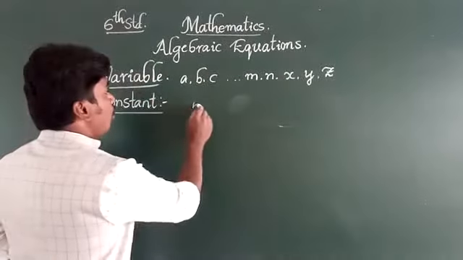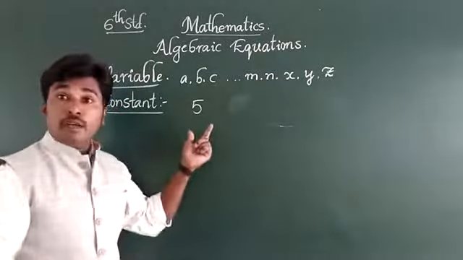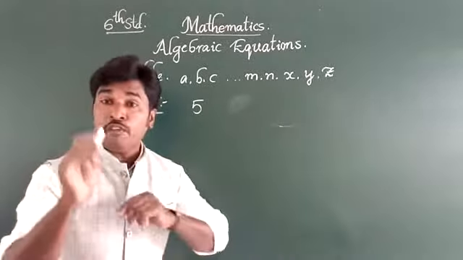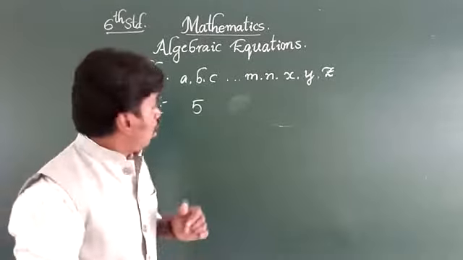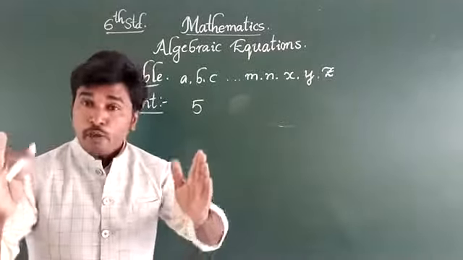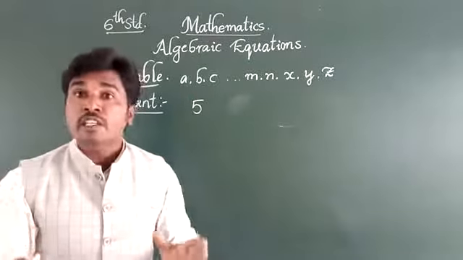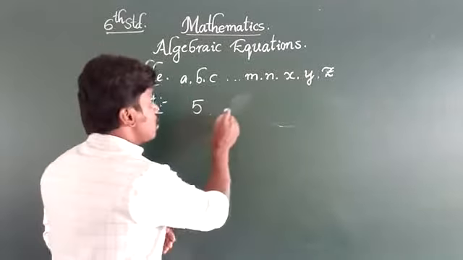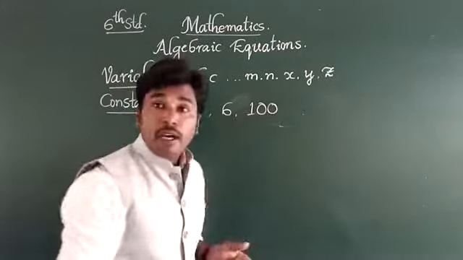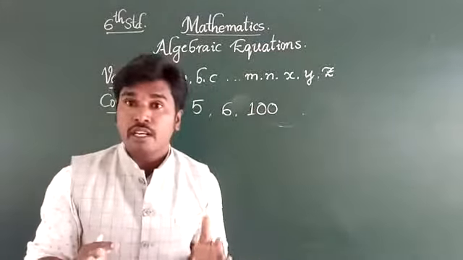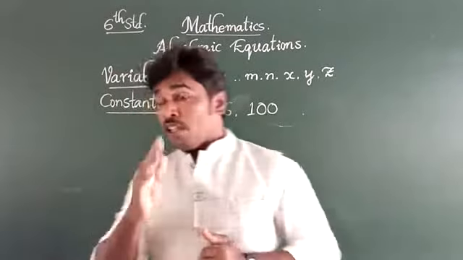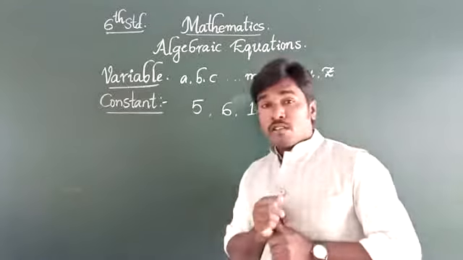For example, 5. 5 is equal to 5 only. It is not equal to 5.1, and 5 is not equal to 4. 5 is equal to 5 only, so it is called a constant. 6, 100, these numbers are called constants. So dear students, now you know the meaning of variable and constant.